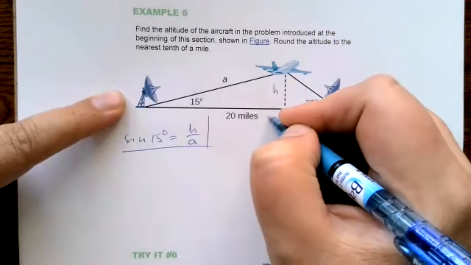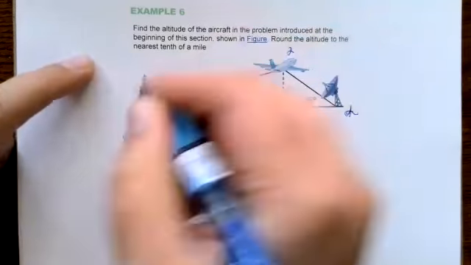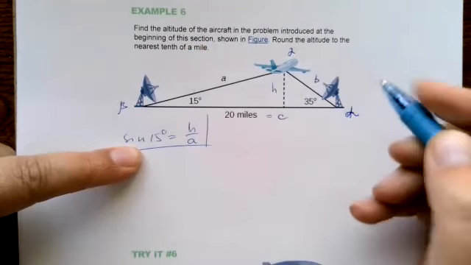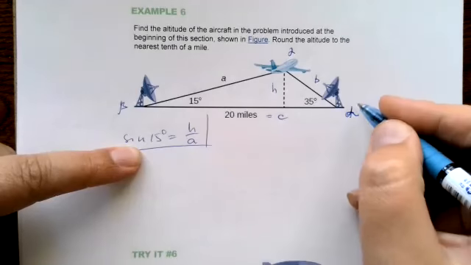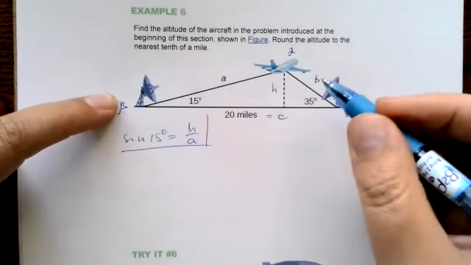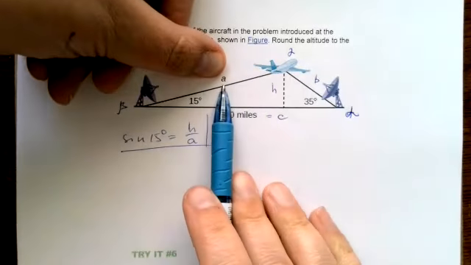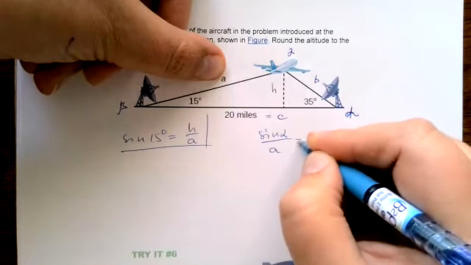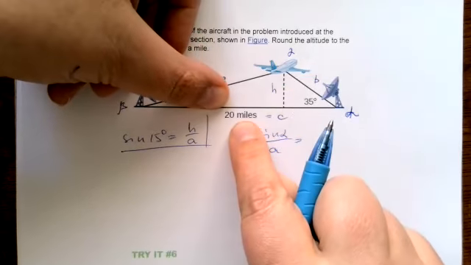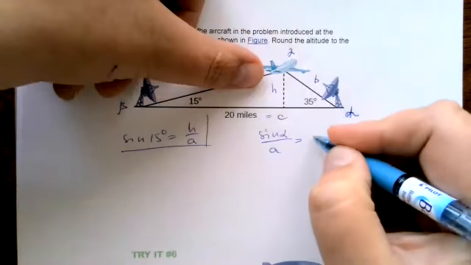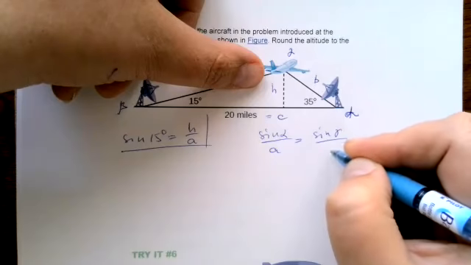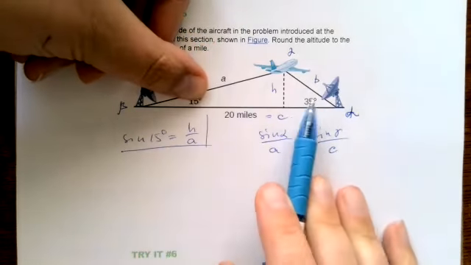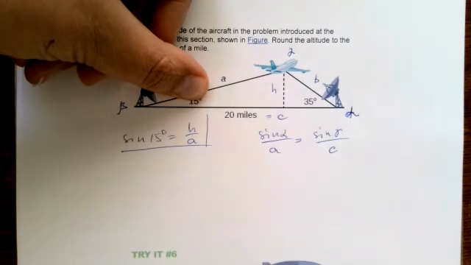Let's say this is side C, this is gamma, beta, and B. All right, since we need side A, I'm going to say sine alpha over A, and then I'm going to involve gamma, sine gamma over C. Okay, but we don't know gamma.